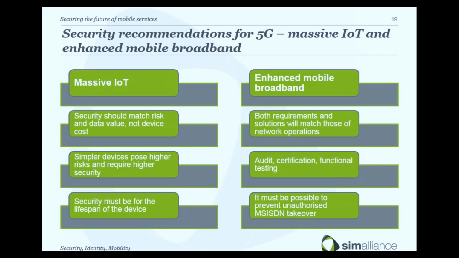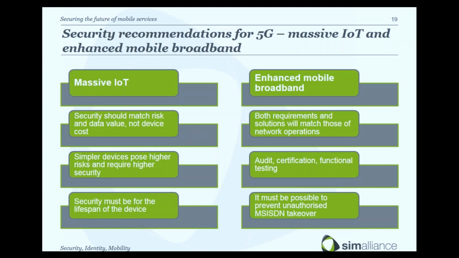Now let's look at all these factors and how they add up to a coherent set of security requirements in 5G. Let's start with IoT. In IoT, low-cost simple devices may form endpoints for systems carrying high-value data. It makes no sense to economize on endpoint security when the risk is not purely to the endpoint.